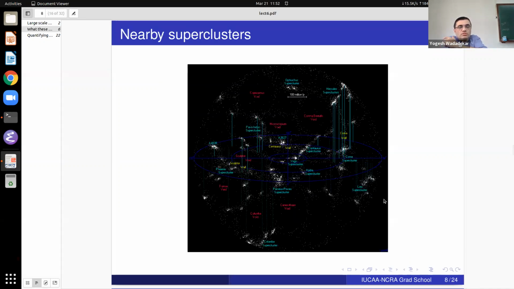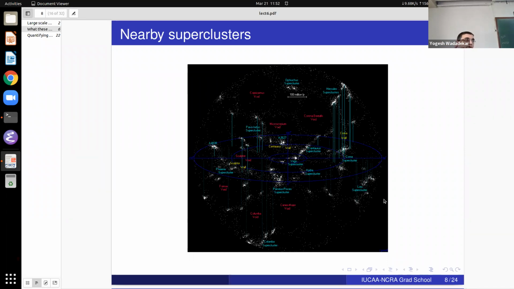Okay, so just like we have our local supercluster, there are a number of other superclusters. The Perseus Pisces supercluster, the Hydra supercluster, the Leo supercluster, and so on. They're all labeled here. Now we've zoomed out again by about a factor of 100.